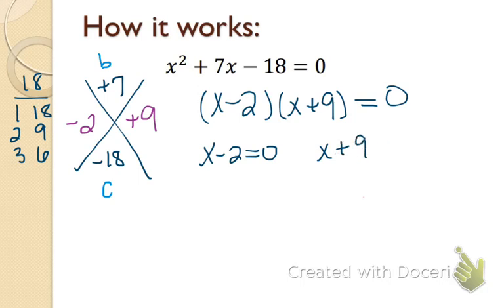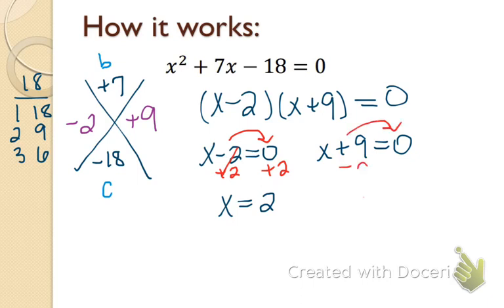That way we can solve and find our solutions. So in this first one, we're going to move the 2 over by adding, and we get x is equal to 2. In this next one, we're going to move the 9 over by subtracting, and we get that x is equal to negative 9.